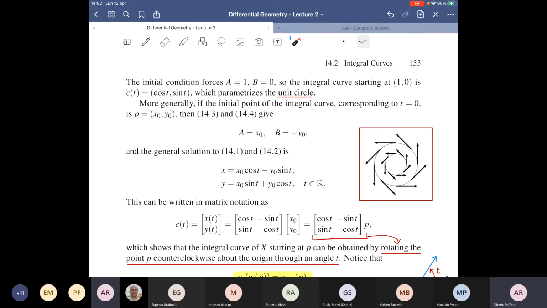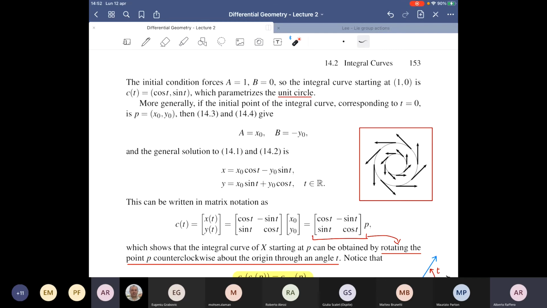Maybe you have already met, or almost for sure you have already met, a matrix like this one. This is the matrix representing a rotation in the two-dimensional plane, a rotation of angle equal to t.